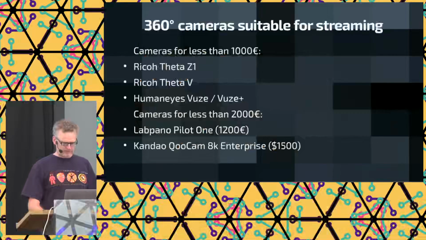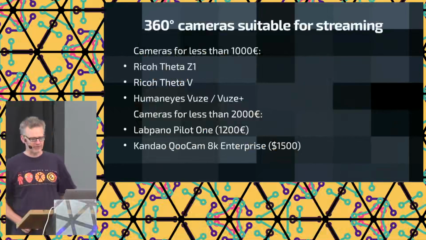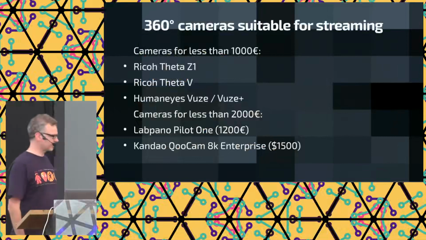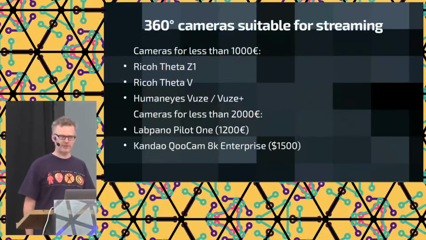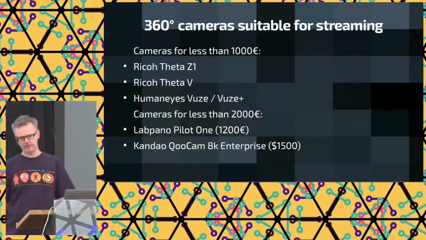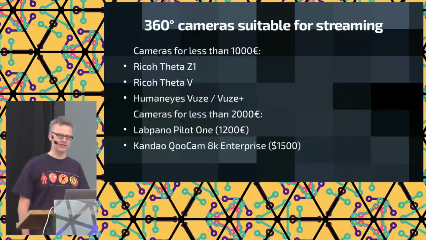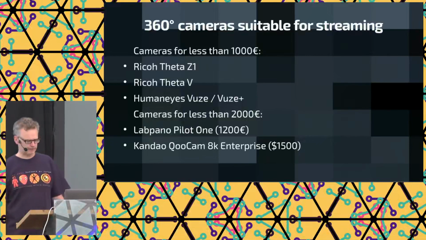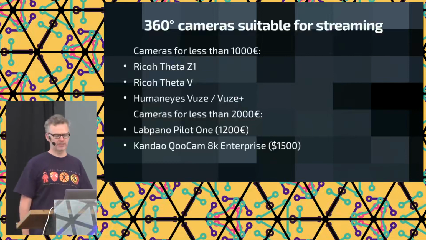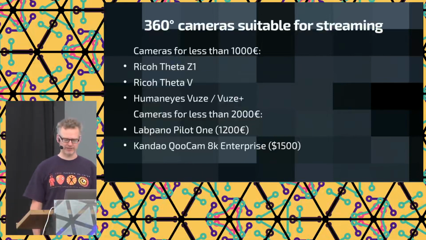Okay, so let's talk about cameras some more, about cameras that you can actually use for live streaming. There are quite a few cameras on the market these days, but many of them have some severe restrictions. For example, all Insta360 cameras that are non-pro cameras cannot really stream in 4K, and 4K is considered the minimum, I would say.